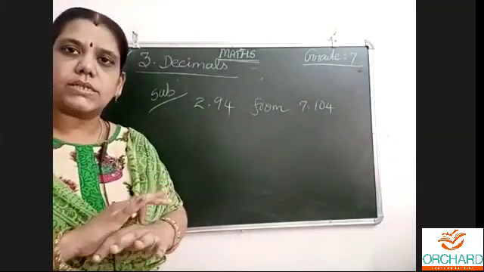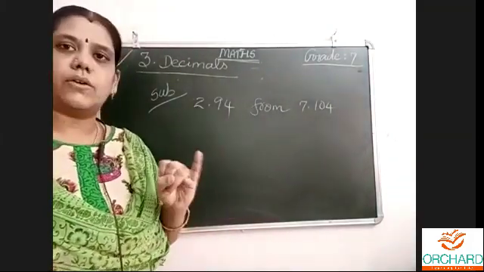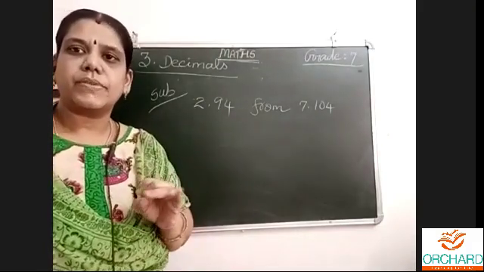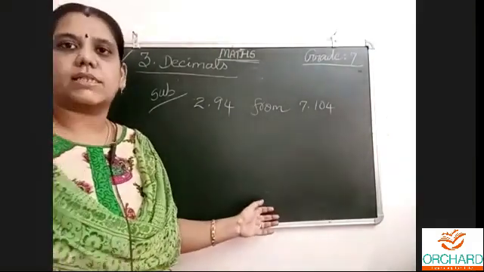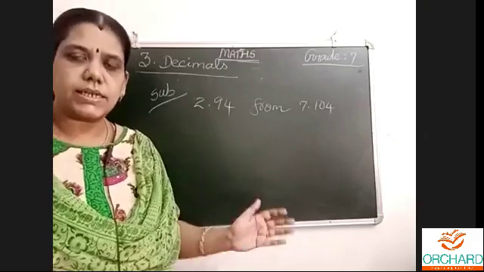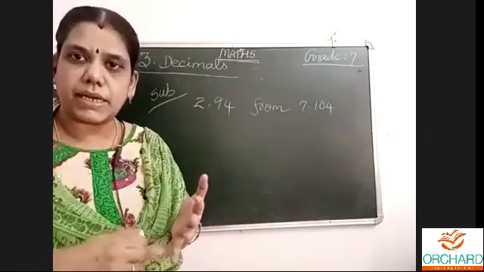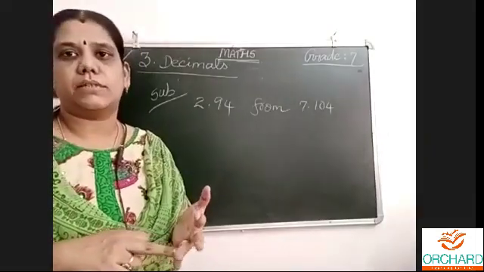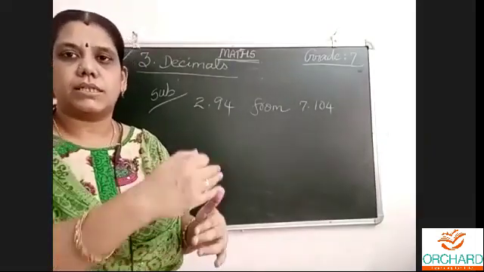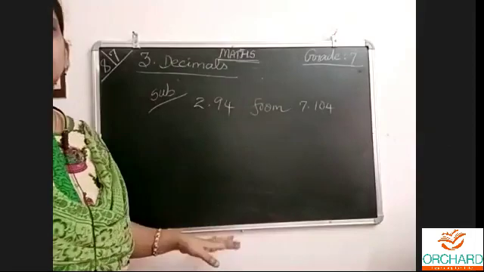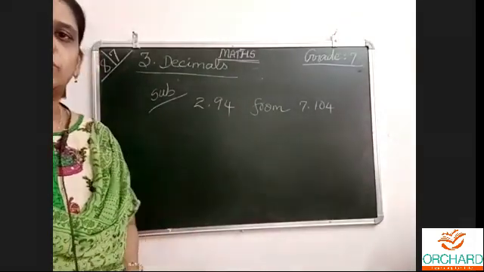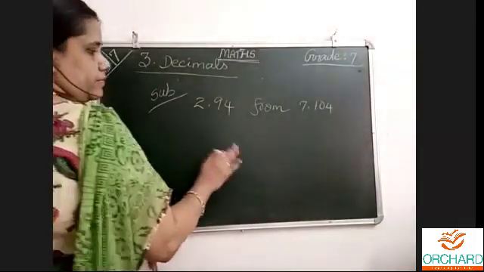In the exercise, no questions are there on addition and subtraction of decimals. Why? Because these are all covered in the 6th standard textbook. What we have is multiplication and division of decimals. That is our chapter, advanced. Now this is a basic introduction. So after this only we go. But we don't have any problem.